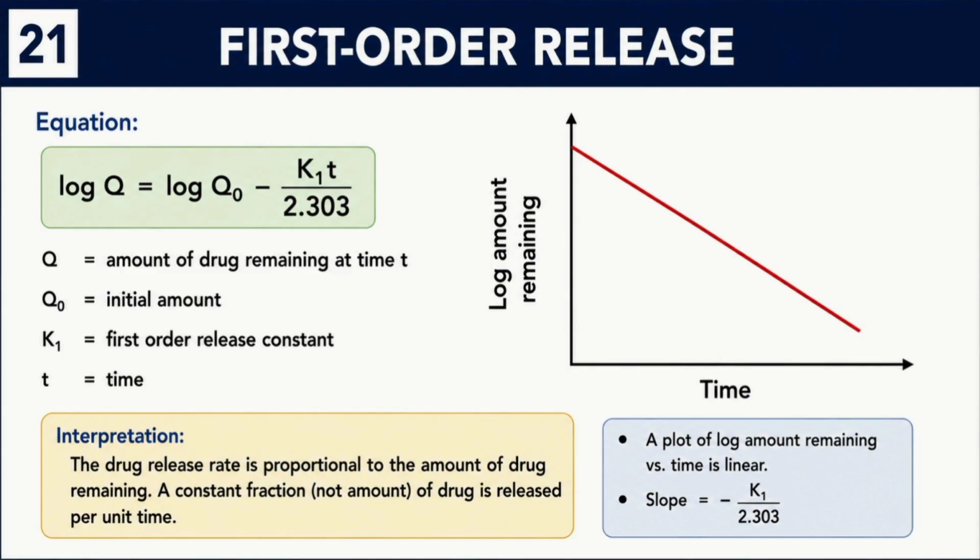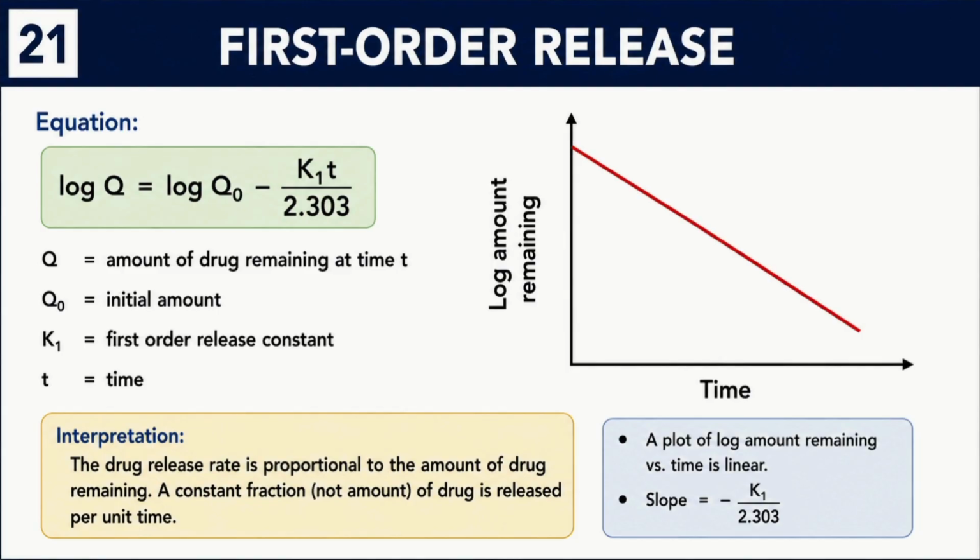In first order release, the release rate depends on the amount of drug remaining in the dosage form. As the amount of drug remaining decreases, the release rate also decreases. The model can be expressed in logarithmic form as log Q = log Q0 - K1 t / 2.303. The exact form depends on how Q is defined.